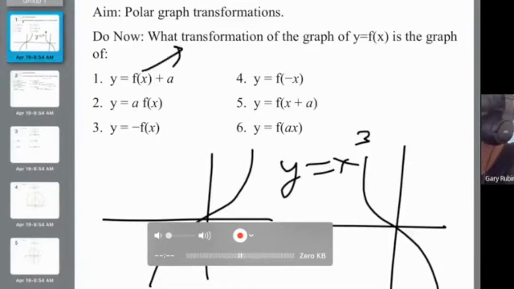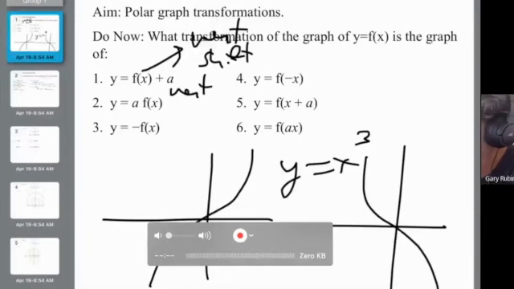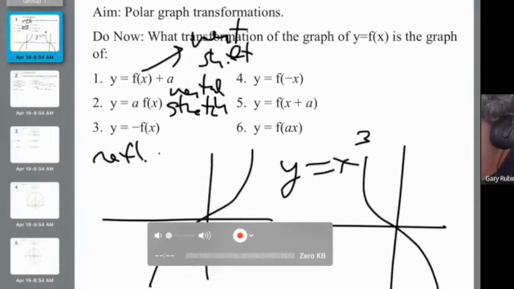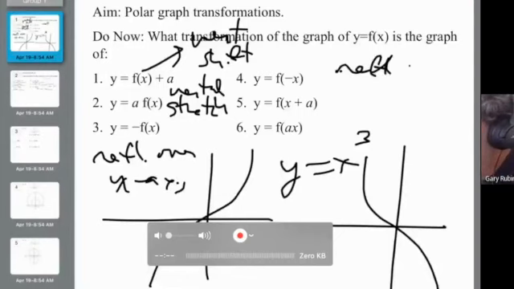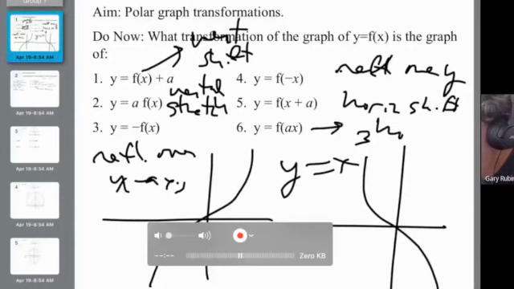So we have a vertical shift, a vertical stretch, a reflection over the x-axis, a reflection over the y-axis, a horizontal shift, and a horizontal shrink.